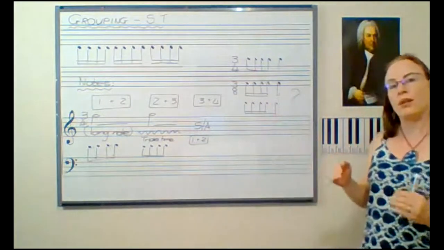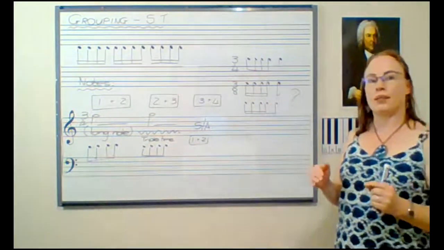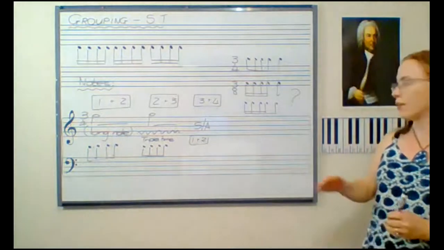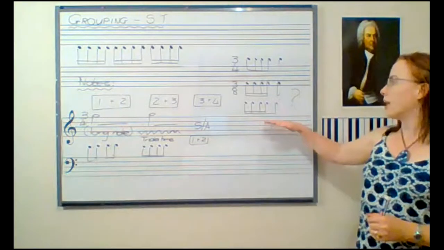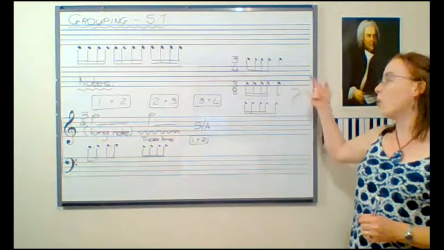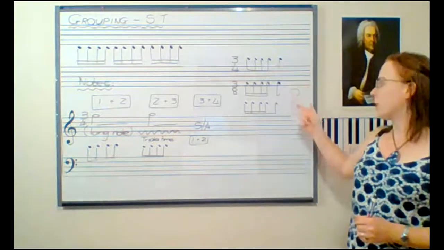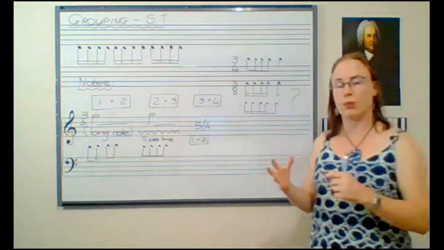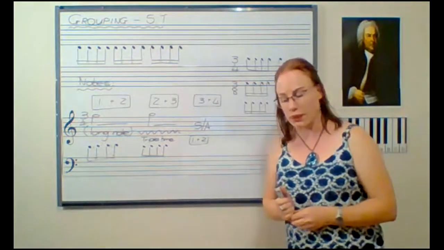You just group everything together, and depending how strict the examination board is that you have entered the exam for, they might give you half a mark there, or even a full mark, but they will definitely mark this one right, because I have a combination of quavers and semiquavers.